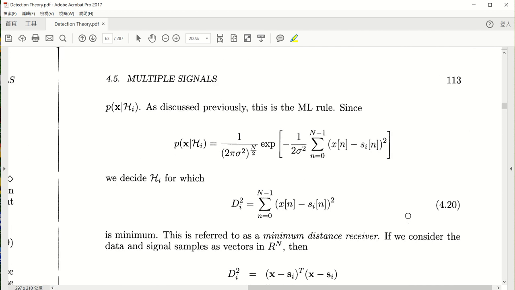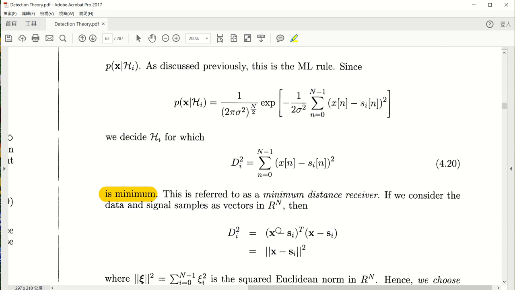Okay, so now we have a probability density function that looks like this, and then we decide Hi for which d squared, di squared, is minimum.